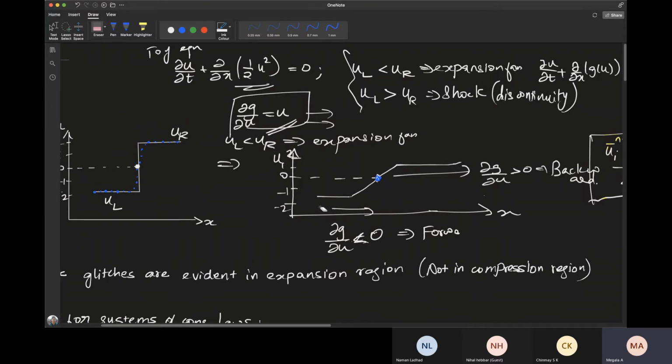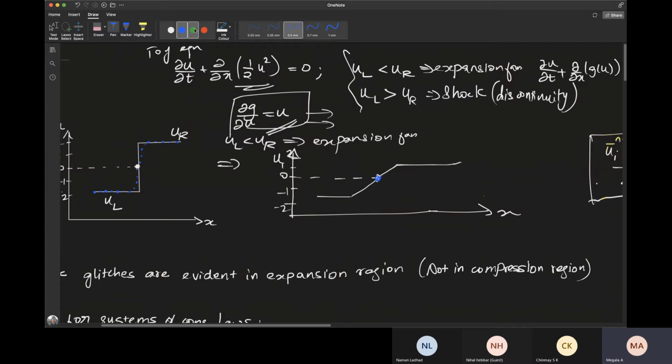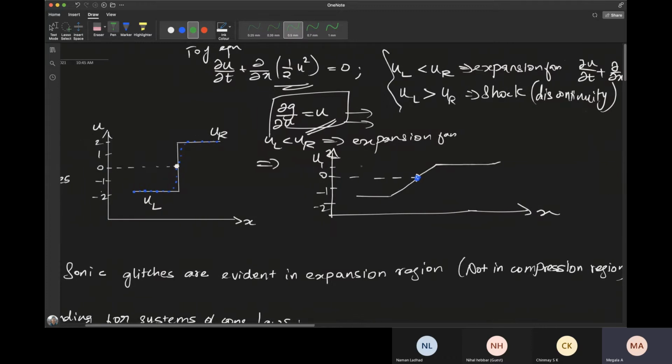Now I'm just removing all these things. Because of this reason, you'll have some glitch kind of thing in your result. To the left of this, you'll be going something like this, and to the right, in this region, you'll experience some kind of glitch.